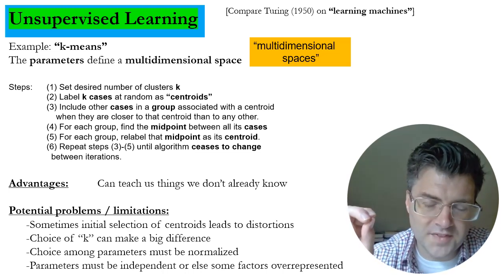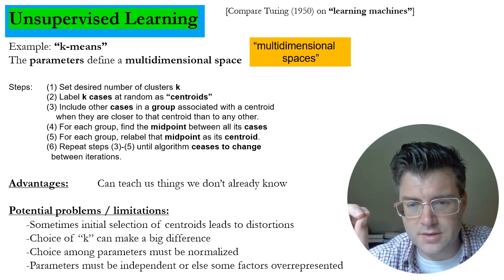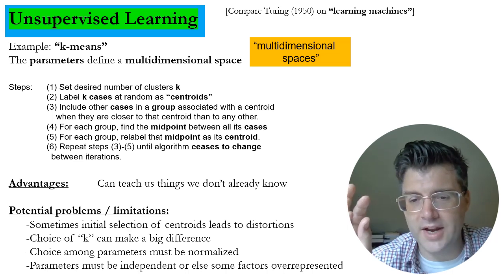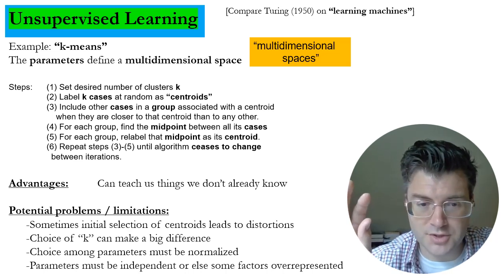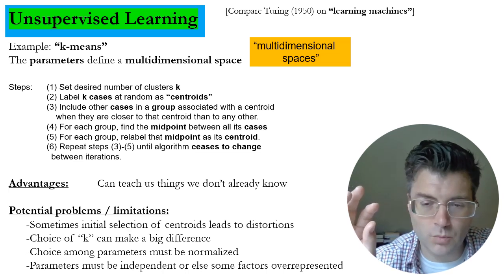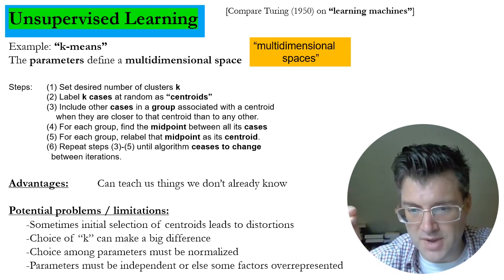So what this algorithm is doing is clustering. It's saying which data points are more like others within that 12 dimensional space based on how close or far away those data points are from one another across each of those dimensions.